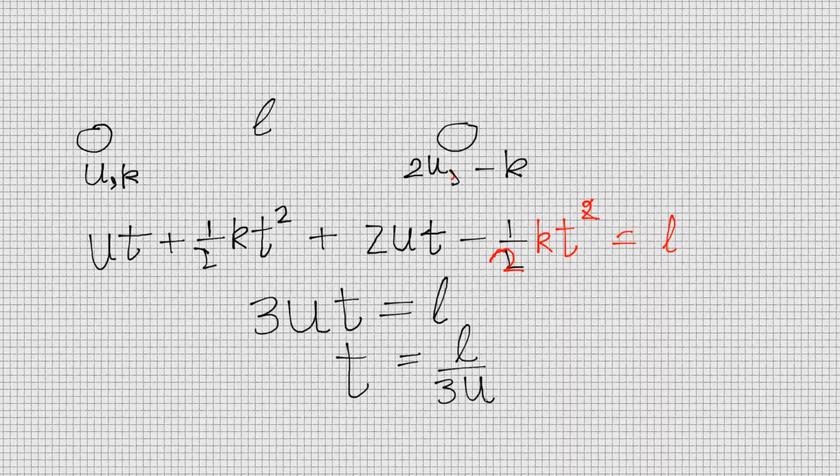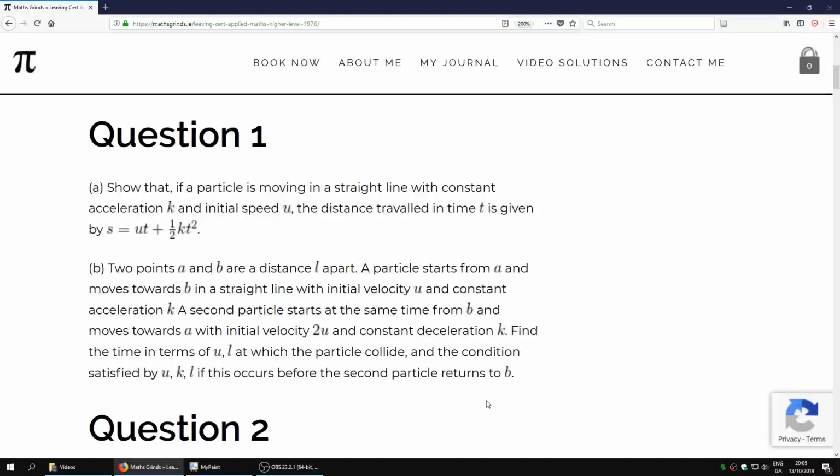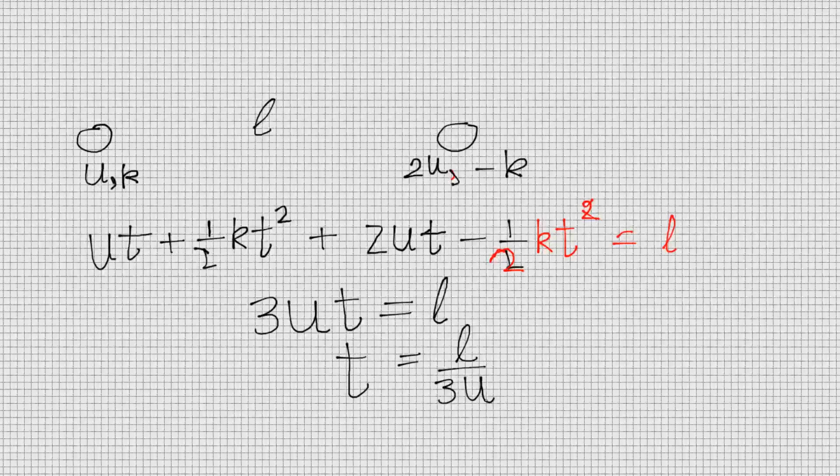Okay, fine. So the next part was to find the time at which the particles collide and the condition if this occurs before the second particle returns to B. So we want the collision to take place, but we want this to happen before the second particle returns to B. So I guess there's a possibility that this could move left and then stop and then head right, and this would just keep accelerating right.